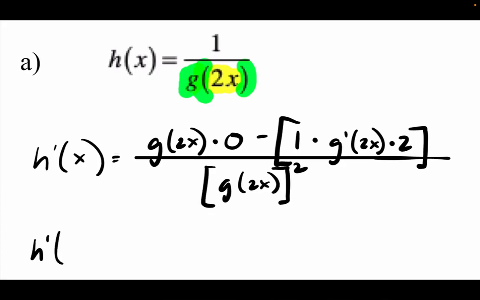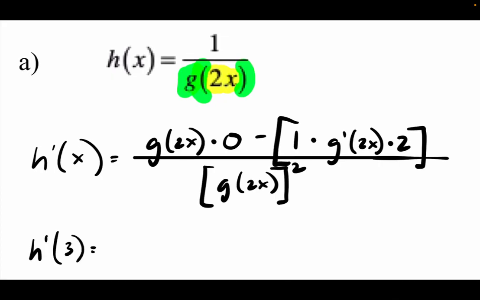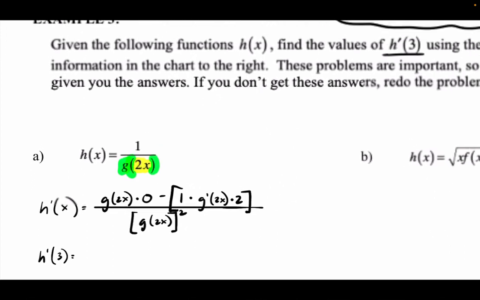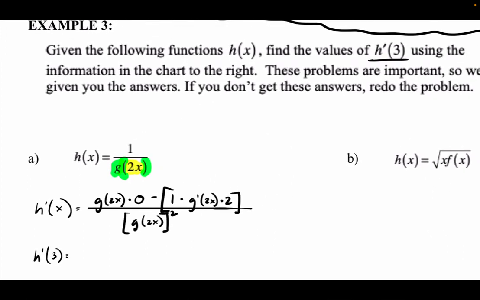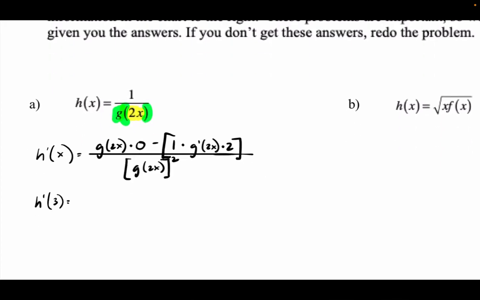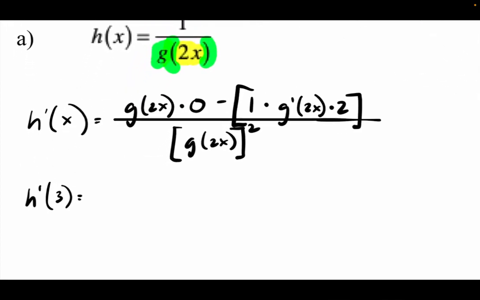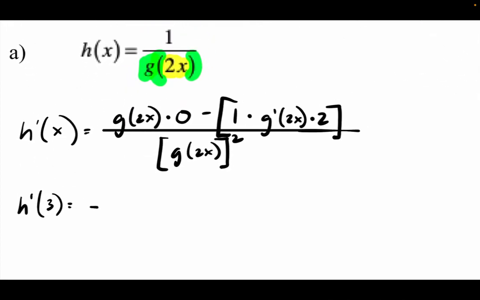So now we got to plug in 3 everywhere because they want h prime of 3. They told us at the very beginning: find the value of h prime of 3. So everywhere there's an x, write a 3. g of 2 times x, well, instead of 2 times x, it's just 2 times 3.